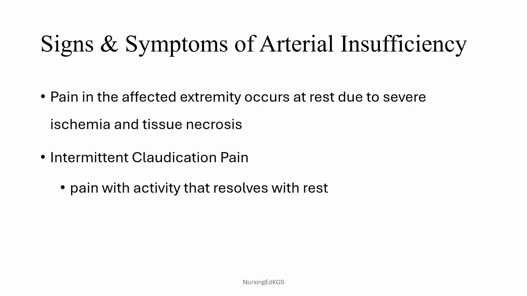As a result, the muscles begin to suffer from ischemia, leading to cramping and aching, typically in the legs. Patients will report pain in their calf, their thighs, and even their buttocks, depending on where the arteries are affected.